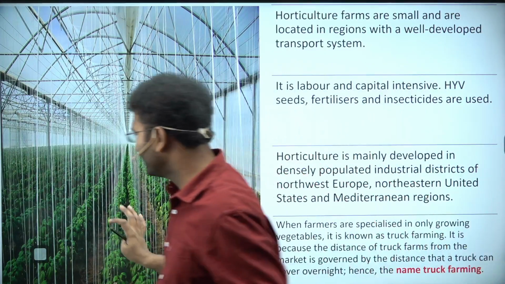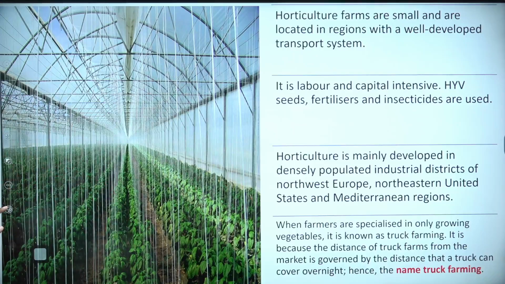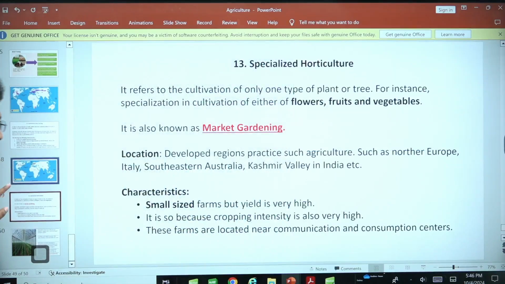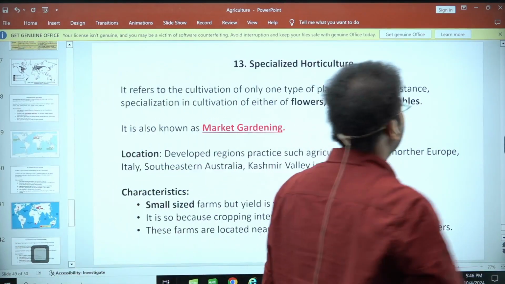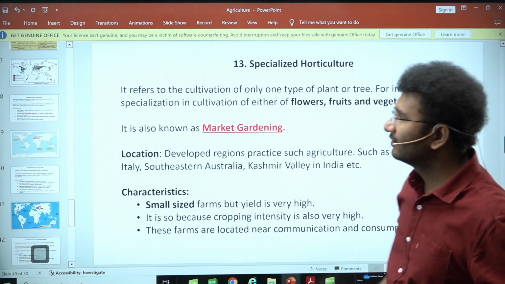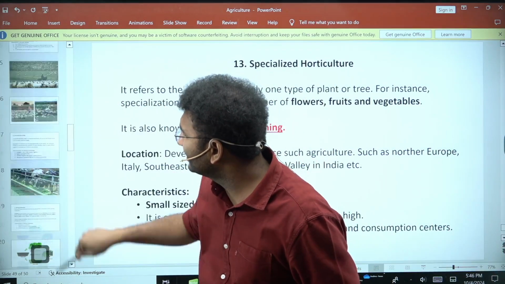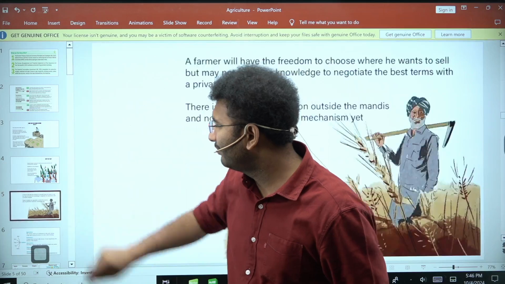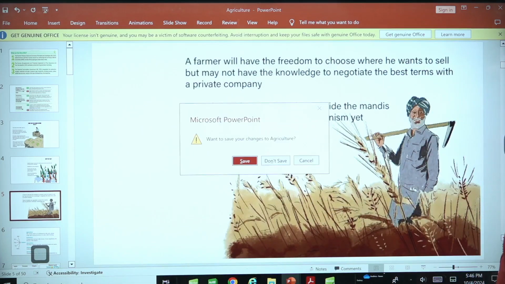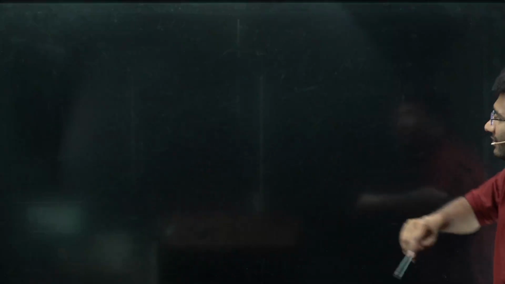In India, horticulture is also growing over a period of time. Now this is what you need to know about the chapters of agriculture in a detailed manner, right? Beyond this, there is nothing in this chapter. It's just a basic idea that you need to have over agriculture, right? Okay.